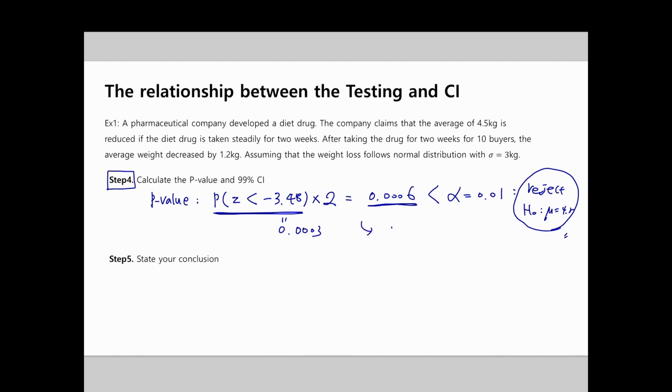You know, under H0, the distribution of the standardized x bar is like this.